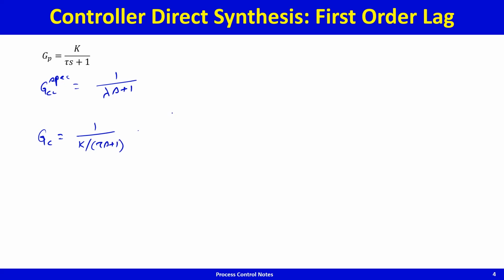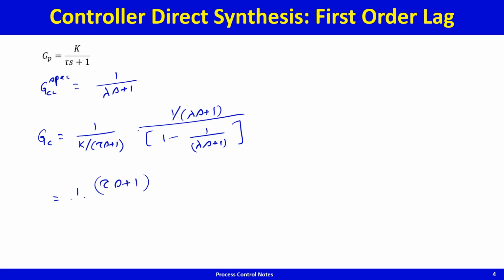multiplied by G closed loop, which is 1 over lambda s plus 1 divided by 1 minus 1 over lambda s plus 1. And when you do the algebra, this will turn out to be tau s plus 1 into 1 by k divided by lambda s plus 1 minus 1.